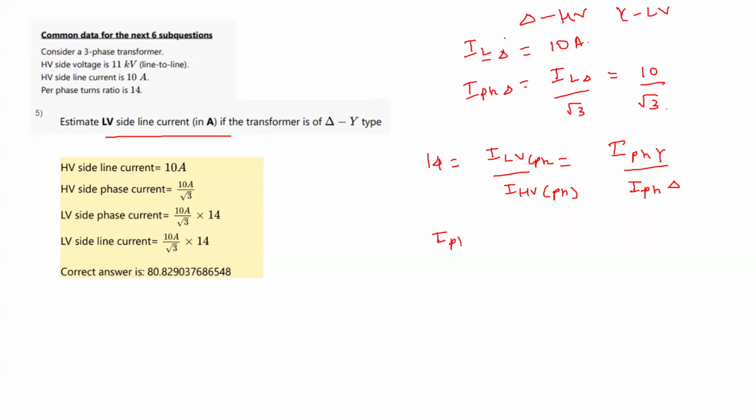I phase star becomes I phase delta into 14, so this will come out to be 14 into 10 by root 3. Phase current and line current are the same for the star connection, and because they're asking for the line current on the LV side, this is basically 14 into 10 by root 3.